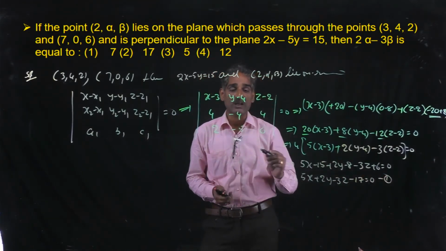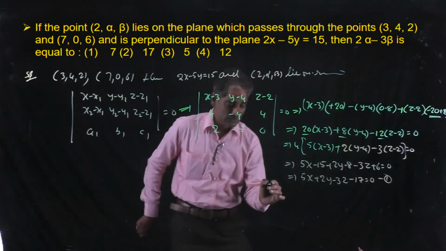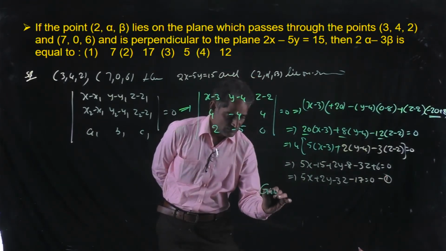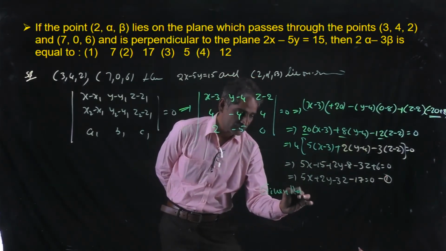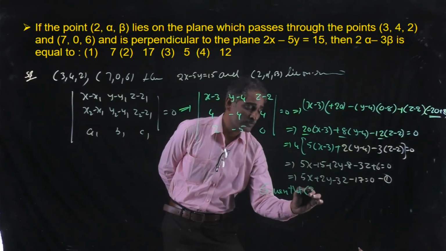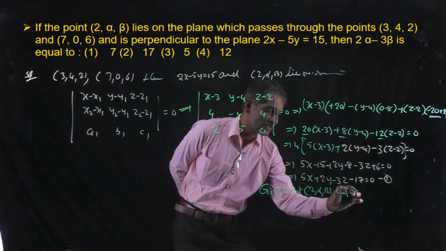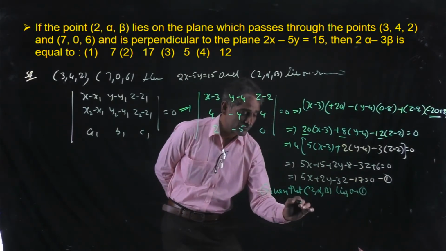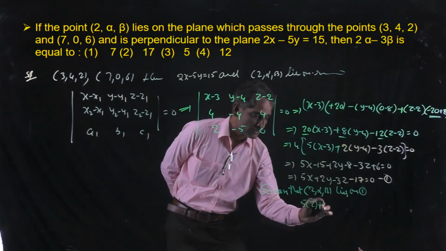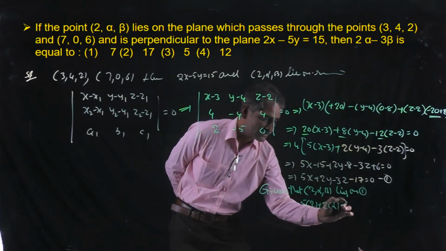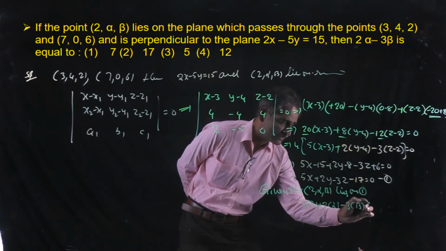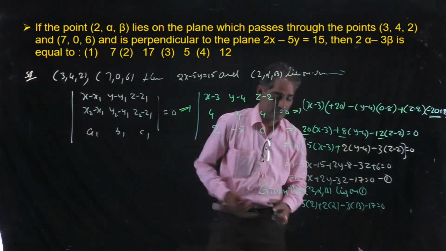Given that the point 2, alpha, beta lies on 1, then 5 into 2 plus 2 into alpha minus 3 into beta minus 17 equal to 0.